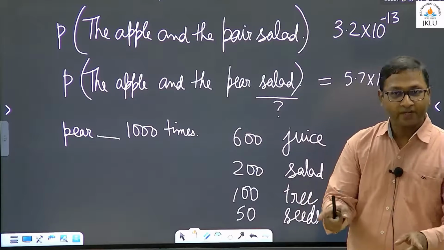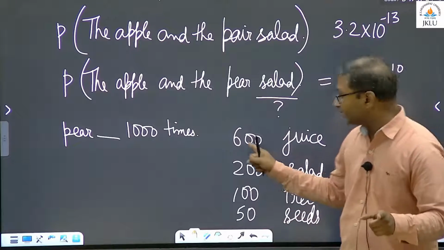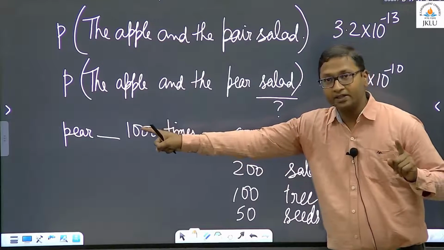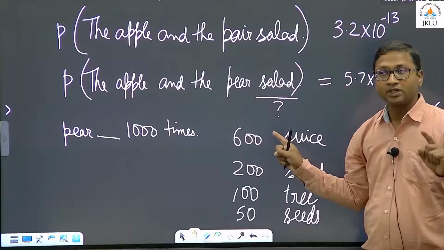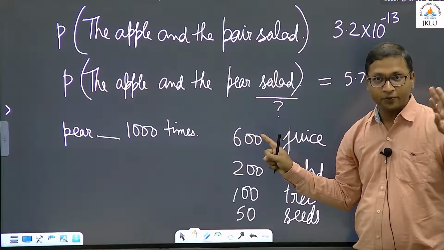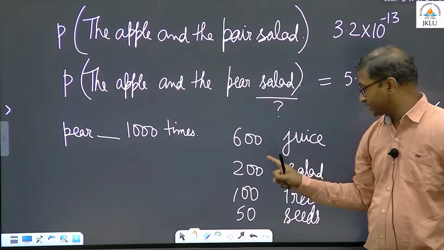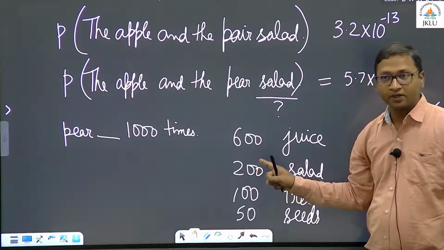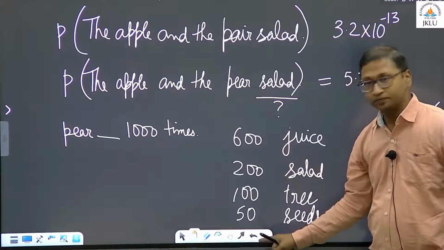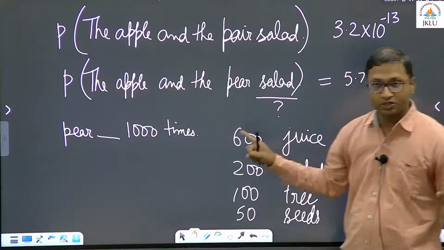So you get a probability distribution. You will complete this with juice 60% of the times. That means the probability is 0.6. 0.2 probability of salad, and so on. So you have a probability distribution.